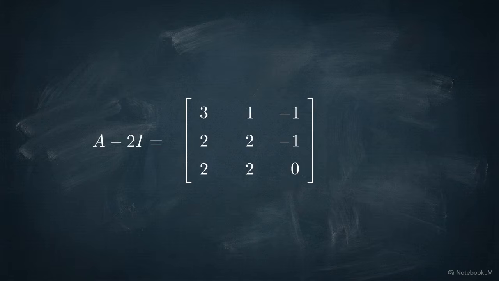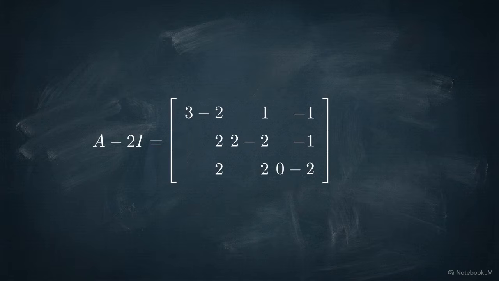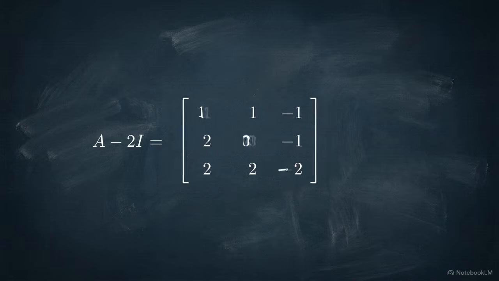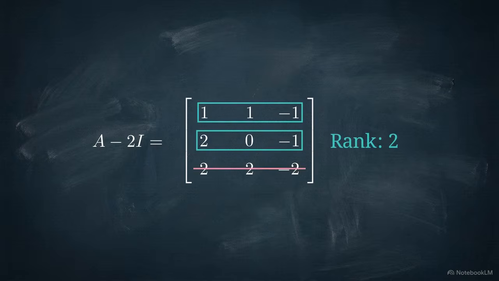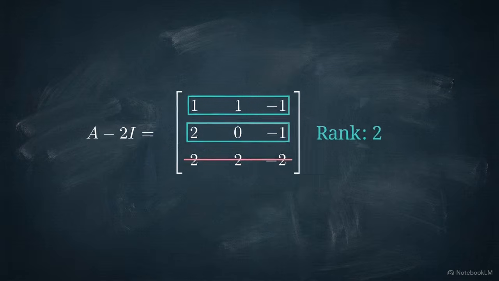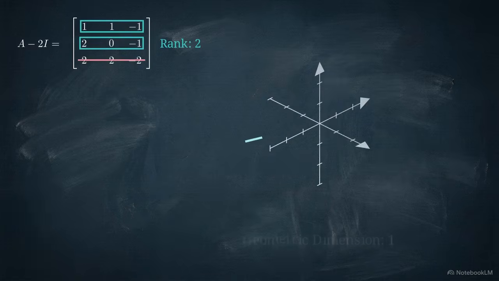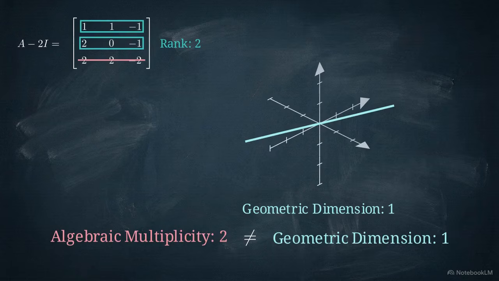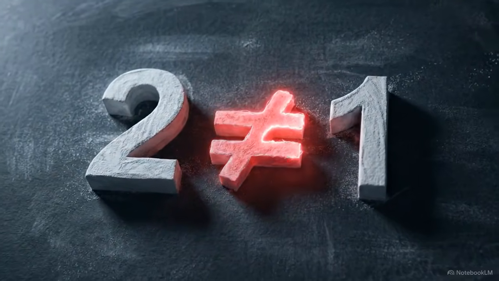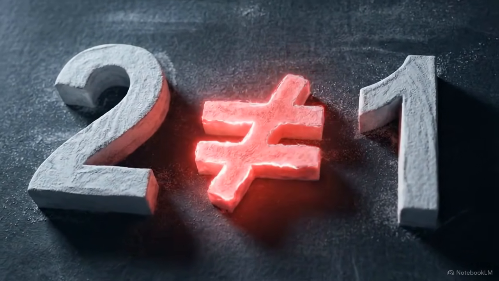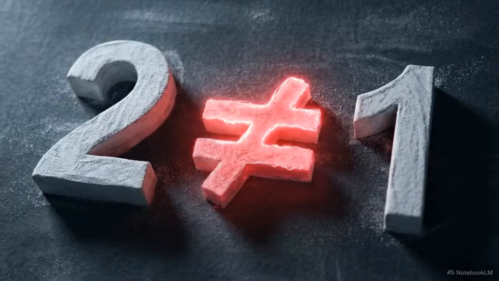We find the characteristic vectors for this root by plugging the value 2 back into the shifted matrix equation, A minus 2I. This results in a matrix of rank 2. In a three-dimensional space, that leaves only a one-dimensional null space. Even though the algebraic root appeared twice, it only generated a single line of characteristic vectors. Because the geometric dimension fails to match the algebraic multiplicity, this matrix is defective and cannot be diagonalized.